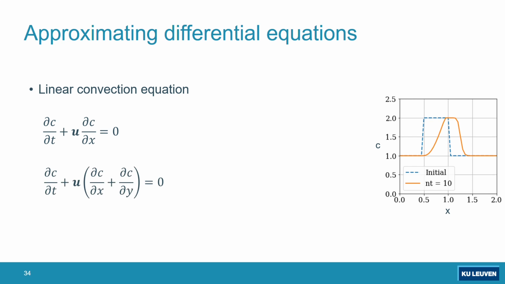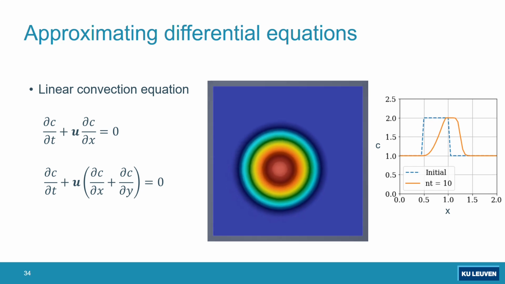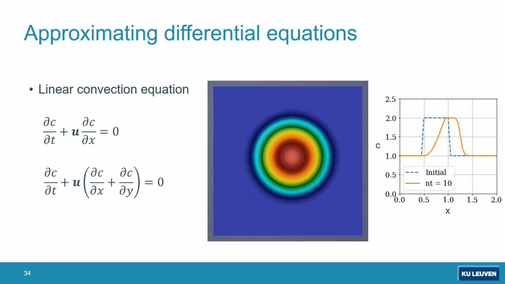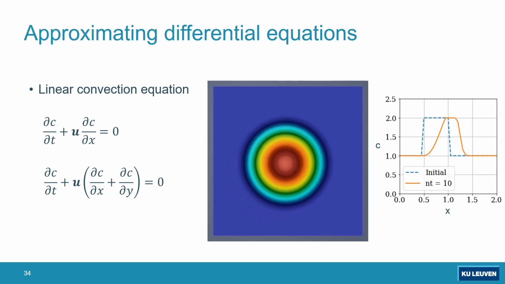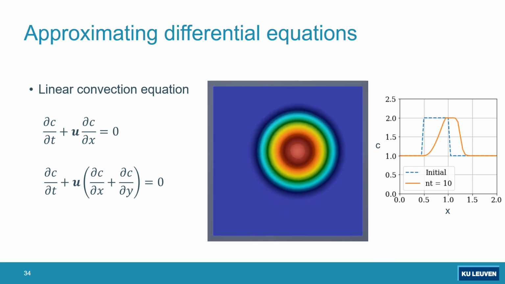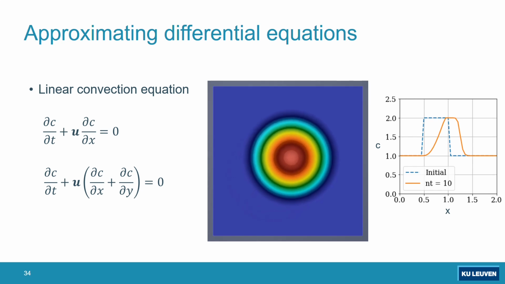When you see these kinds of results, you usually expect it to spread around. But here we don't have a diffusion term, so it just moves. That's the concept of convection. And then we want to see how we can use finite element, or generally speaking, numerical methods to solve this problem.